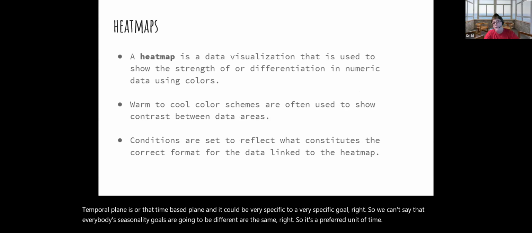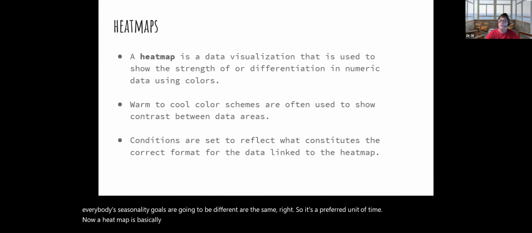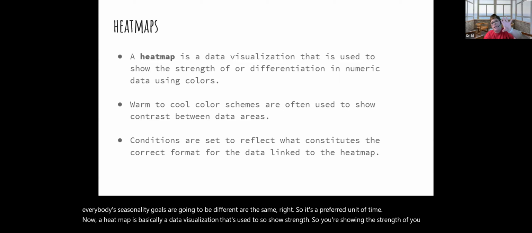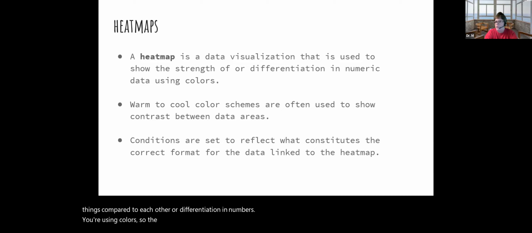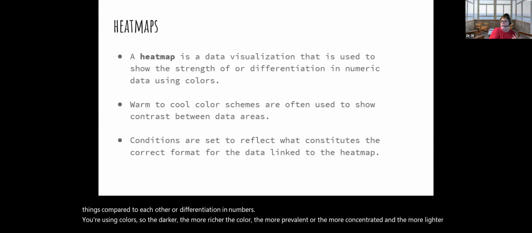Now, a heat map is basically a data visualization that's used to show strength. You're showing the strength of two things compared to each other, or differentiation in numbers, but you're using colors. So the darker, the richer the color, the more prevalent or concentrated, and the lighter, the less concentrated, less prevalent.